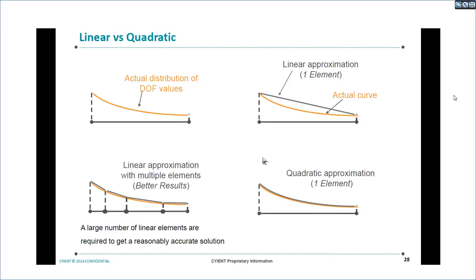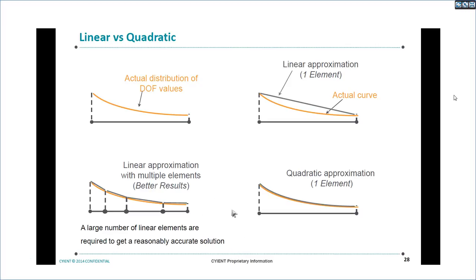To capture similar results, it requires a large number of linear elements to get the actual shape. Instead of one element, we need to put a number of elements. Here I have put only 4 elements, but it may require more than that.